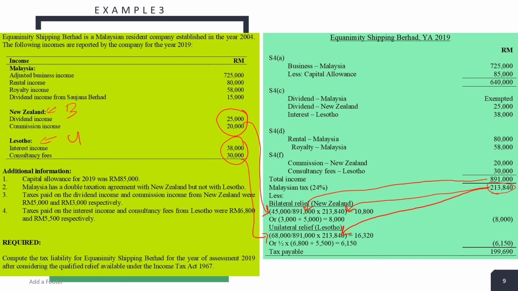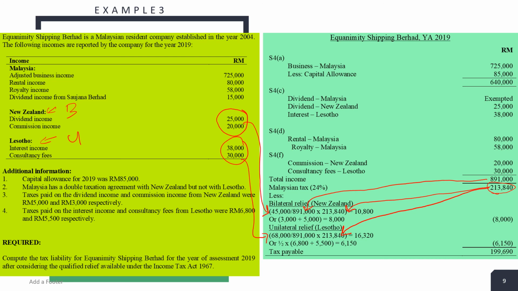So we get 16,320, which is the Malaysian tax on Lesotho income. We compare with only half of the foreign tax paid, which we get as 6,150. So whichever is lower is the relief. In this case, 6,150 is the relief.